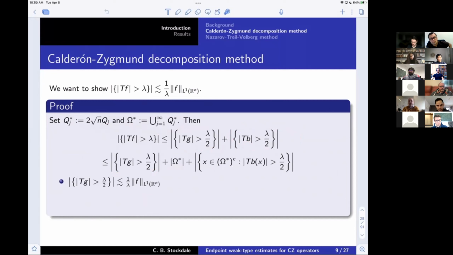You can estimate each of those 3. I'm just going to say out loud the idea. With the good function, this takes just a few lines of work. What you do is Chebyshev's inequality with a power equal to 2. Then we use the a priori assumption that T is an L2 bounded operator to get rid of the T in that expression. Then you use the fact that the good function g is bounded in L infinity by lambda.